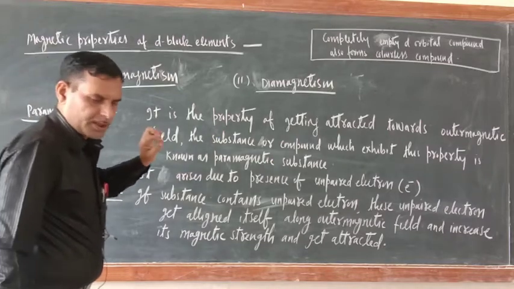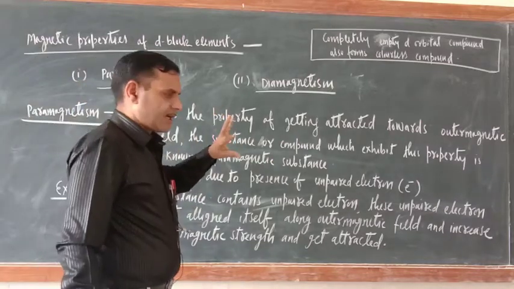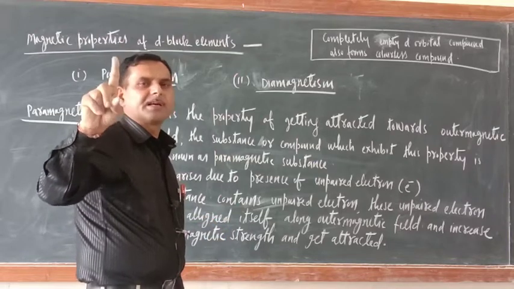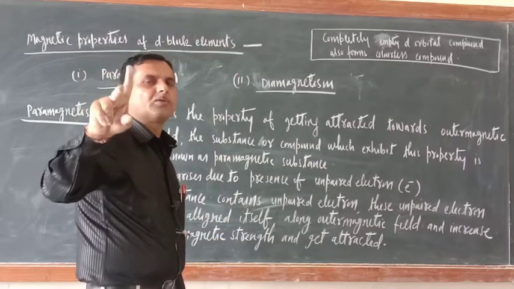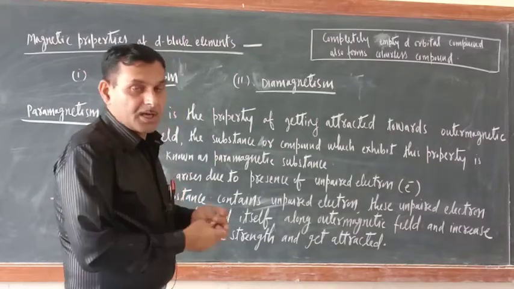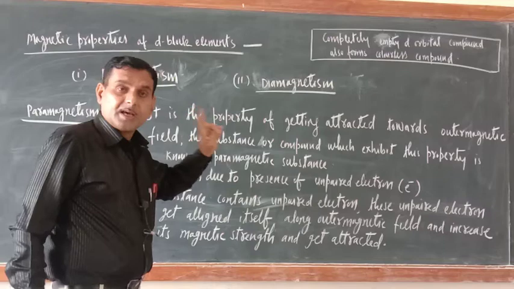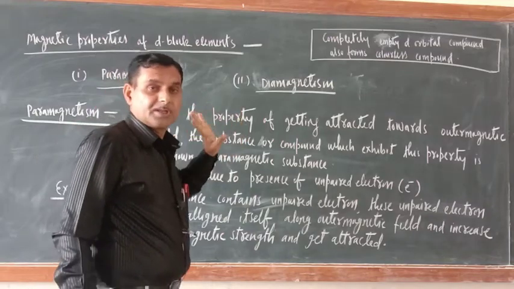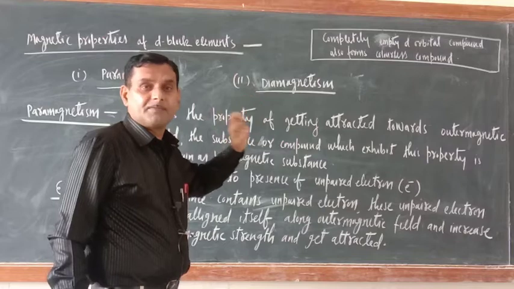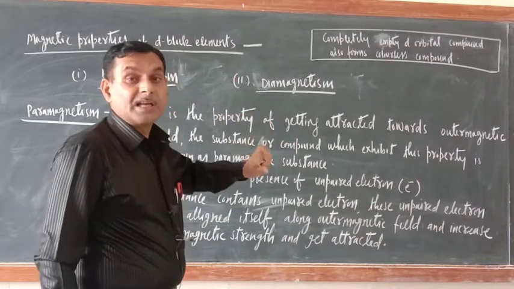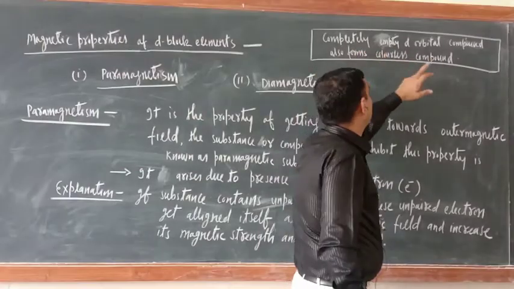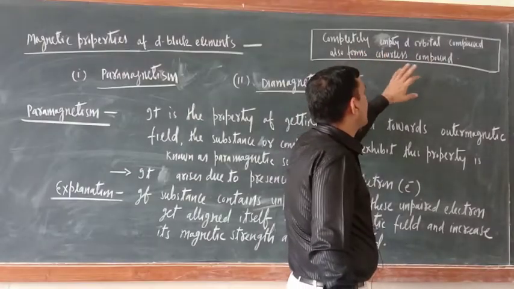There is one more thing in colored compound formation. What I told is that the d orbital must have an unpaired electron, then only the compound will be colored. Second, if the d orbital is completely filled or completely empty, the compound will also be colorless. Here, please add the word containing: a compound containing a completely empty d orbital also forms a colorless compound.